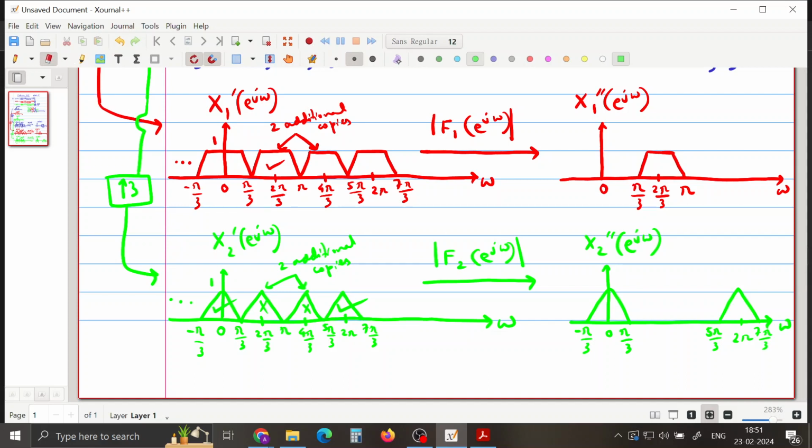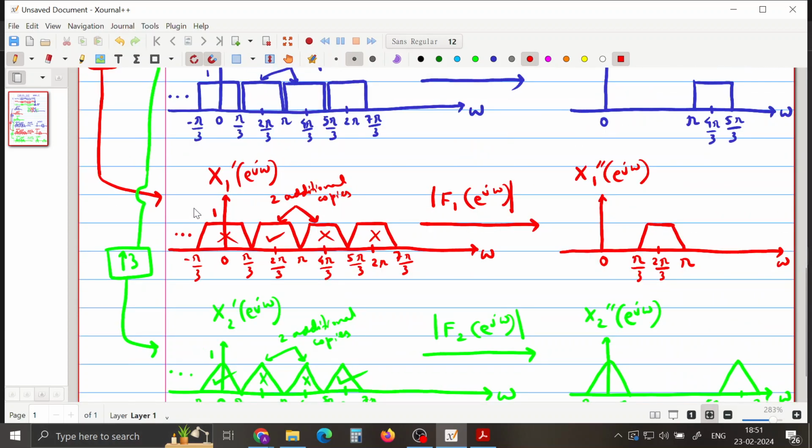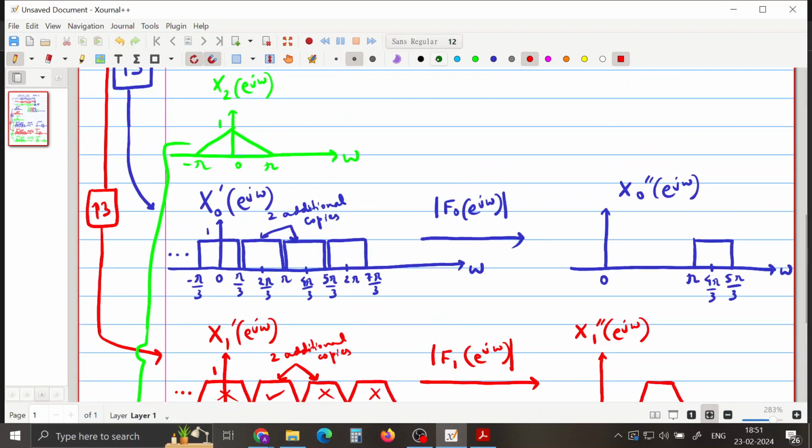And similarly for the previous branches also, this was the portion which got passed and this got discarded by the filter. Okay, and similarly for this one, this was the portion which got passed and the rest were discarded.